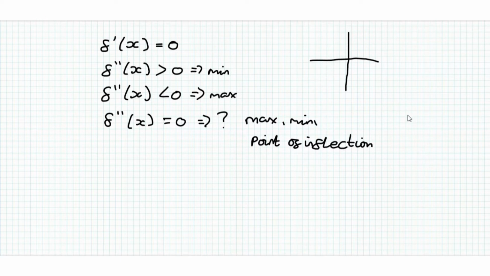So in general, that might be a point of inflection, but not as far as we're concerned, because this doesn't ever have a gradient of 0. You see, the gradient's increasing and it's increasing, but that's not what we're looking for.